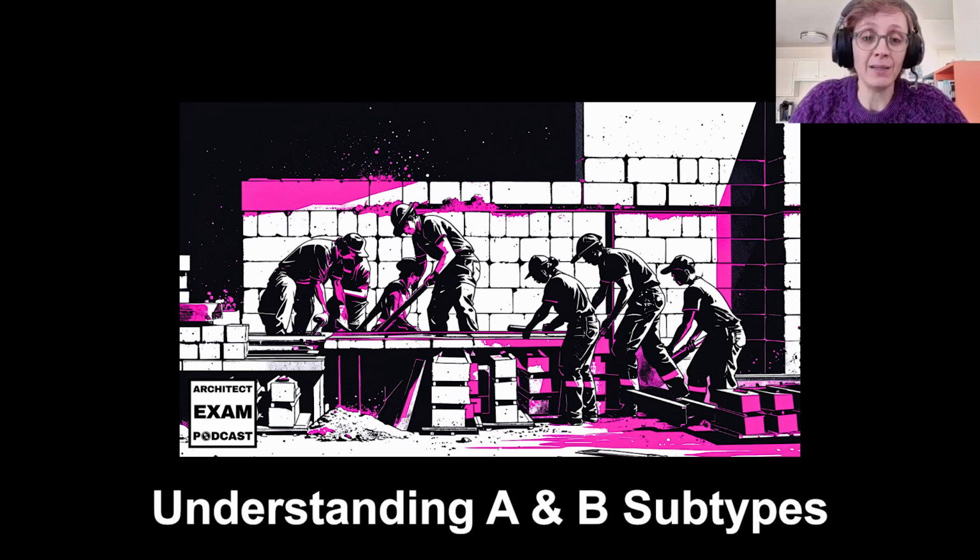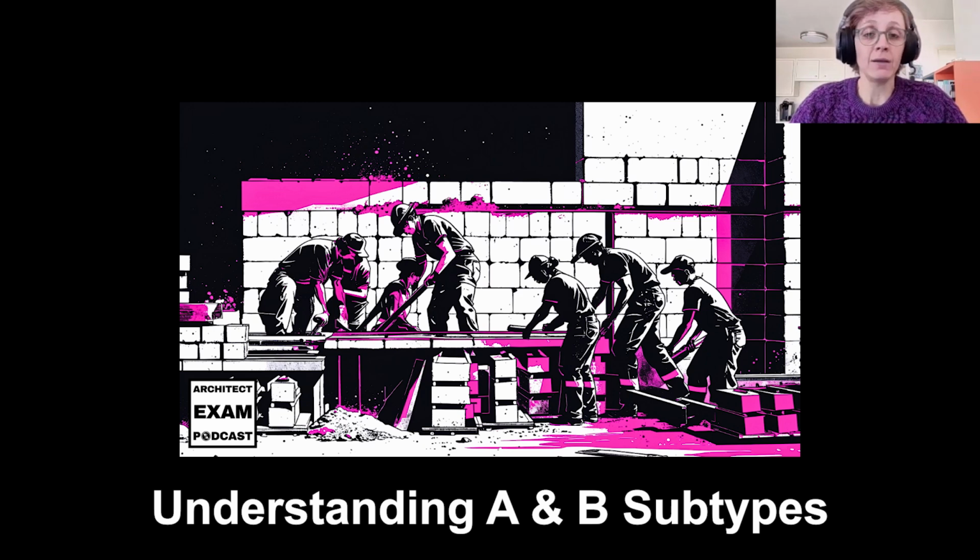So the A and B distinction has real implications. Type 1A versus type 1B: that extra 1 hour of fire protection means you can often build several stories taller. Type 2A versus type 2B, adding 1 hour protection to otherwise non-combustible materials.